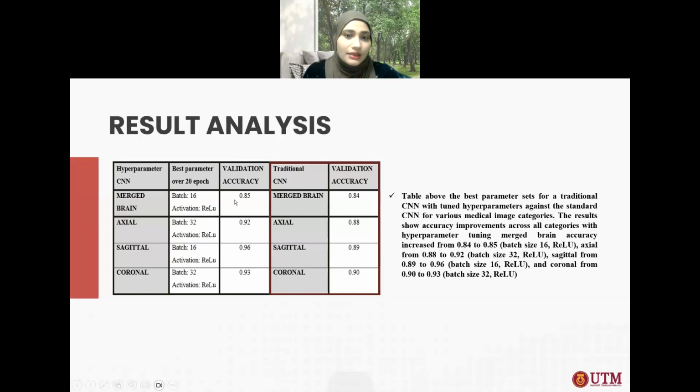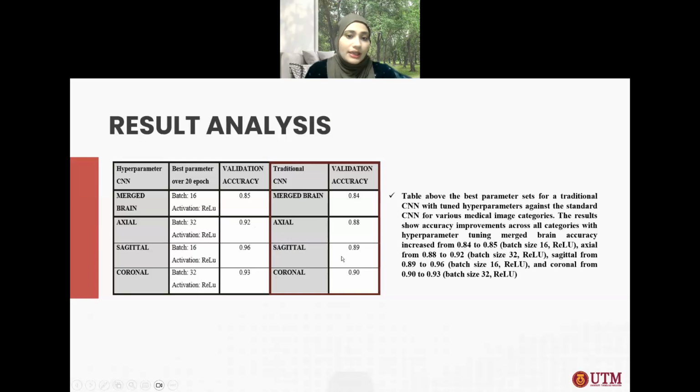For the merged brain, we have batch 16 ReLU for the hyperparameters. Traditional CNN is 84%, and it increased by 1% to 85. For axial, basic CNN gave 88% accuracy, but with hyperparameters 32 ReLU it got a validation accuracy of 92%.